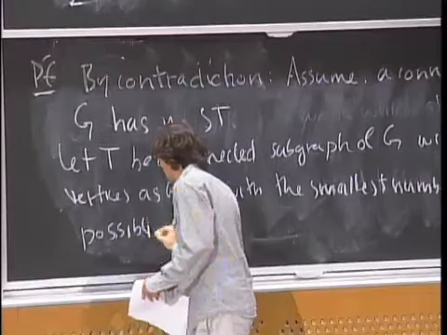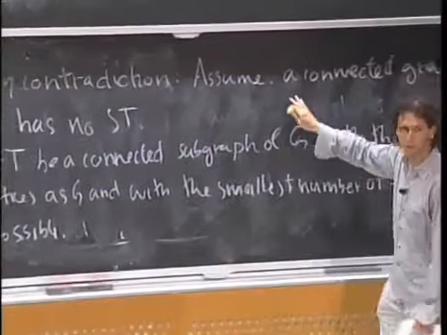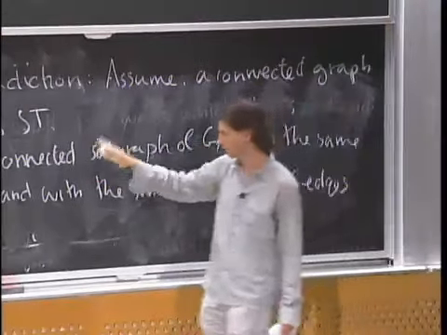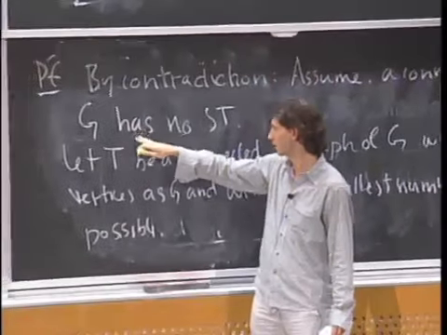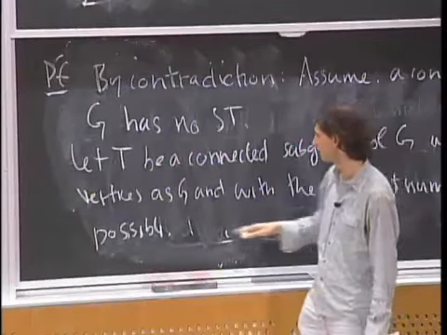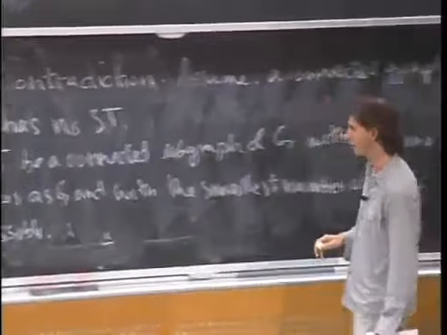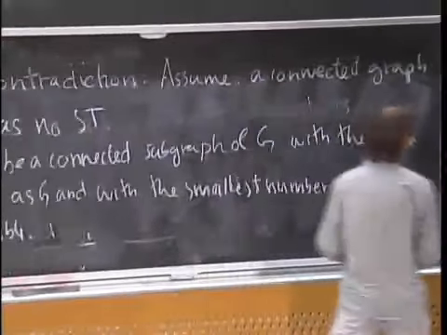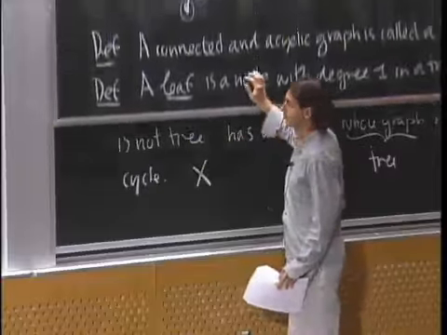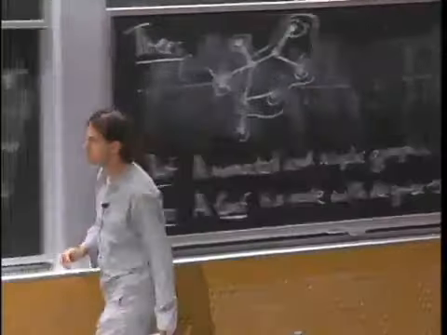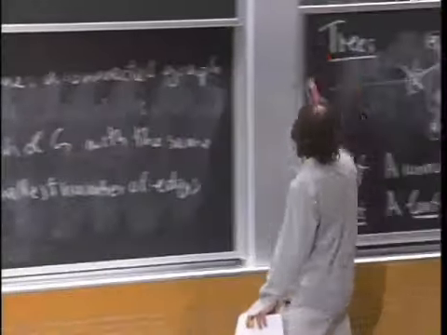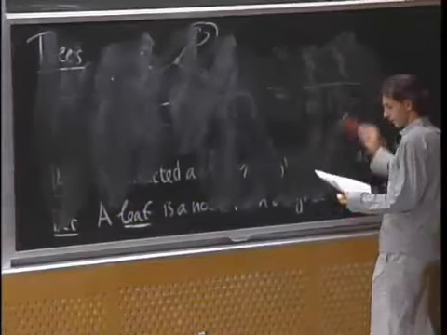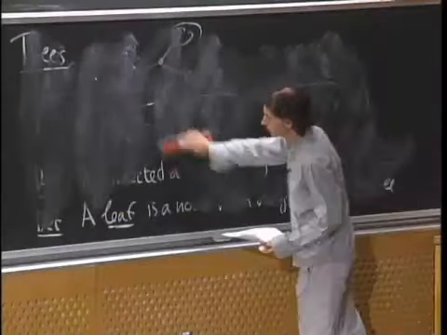Okay. So what do we know? Well, let's look at our assumption here. We said that a connected graph, G, that's what we consider here, for which there is no spanning tree. So what do we know? We know that this particular T over here can definitely not be a spanning tree, because that's what we assume here. So can we use this? So let's think about this. If it is not a spanning tree, then what must it have?